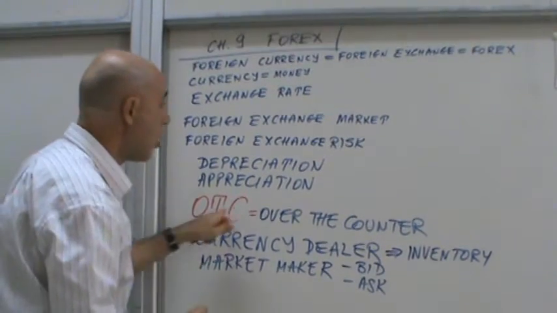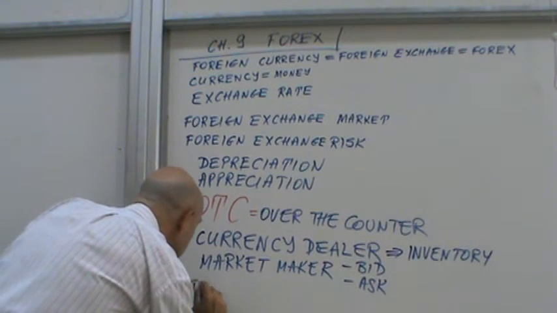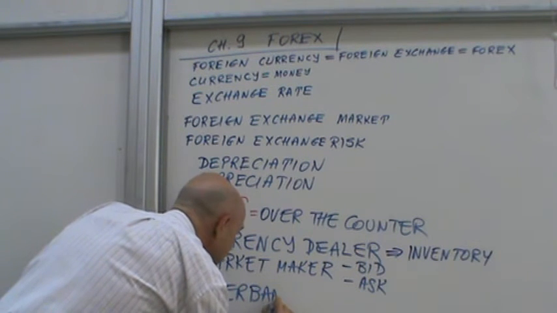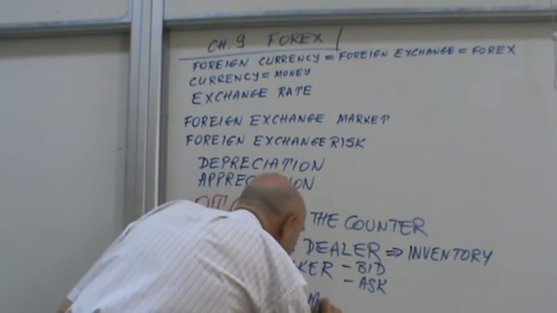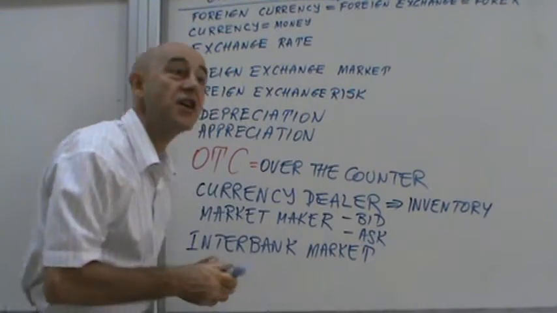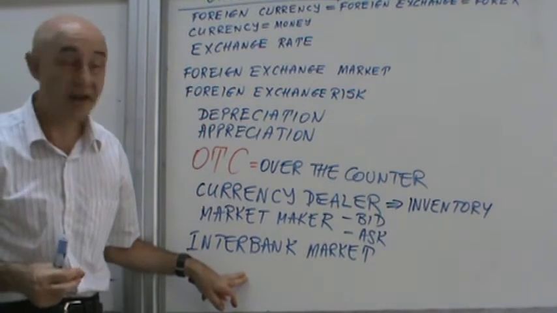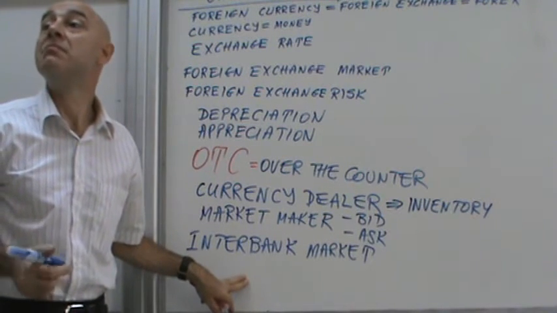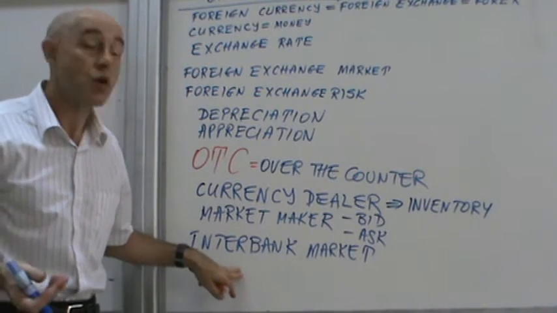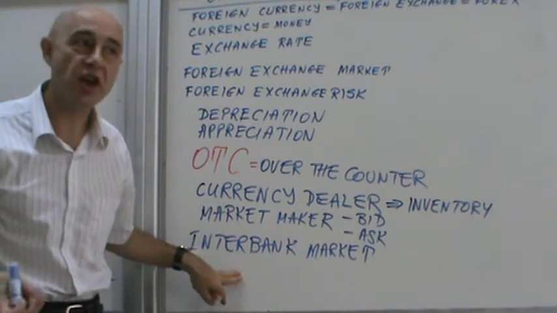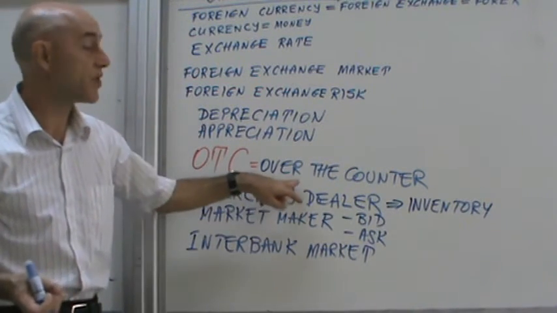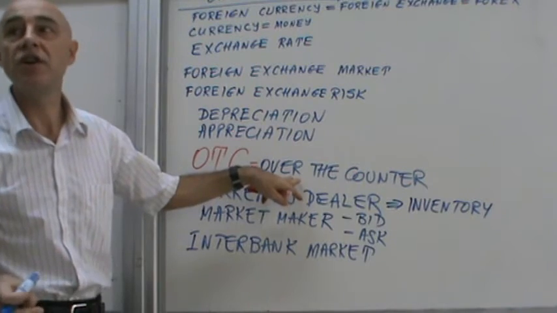This market, over-the-counter market, is known as the interbank market, which stands for the interbank currency market, is where major big deals for millions and millions of dollars, where banks exchange currencies between them, are the major participants in the over-the-counter exchange market.